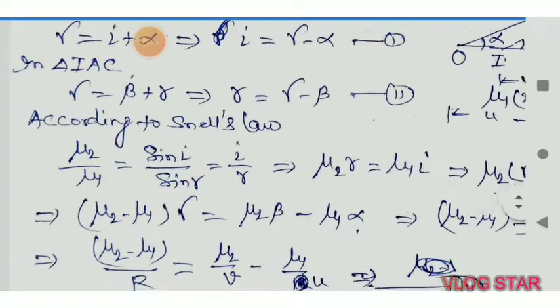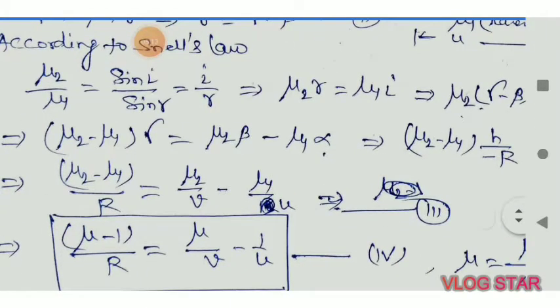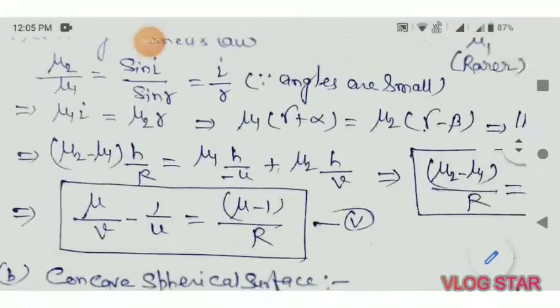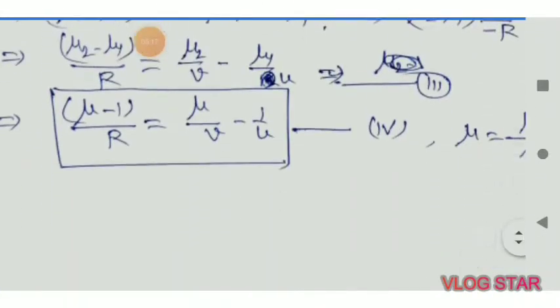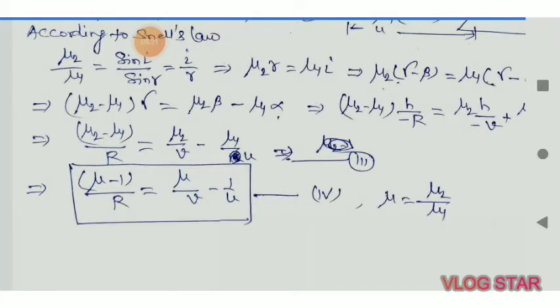Now from Snell's law, mu2 by mu1 is equal to sin i upon sin r, that is i upon r. Putting their values of i and r from the first and second equations, and with proper sign convention, we again get the result mu2 minus mu1 upon R is equal to mu2 by v minus mu1 by u, or mu minus 1 upon R is equal to mu by v minus 1 upon u.